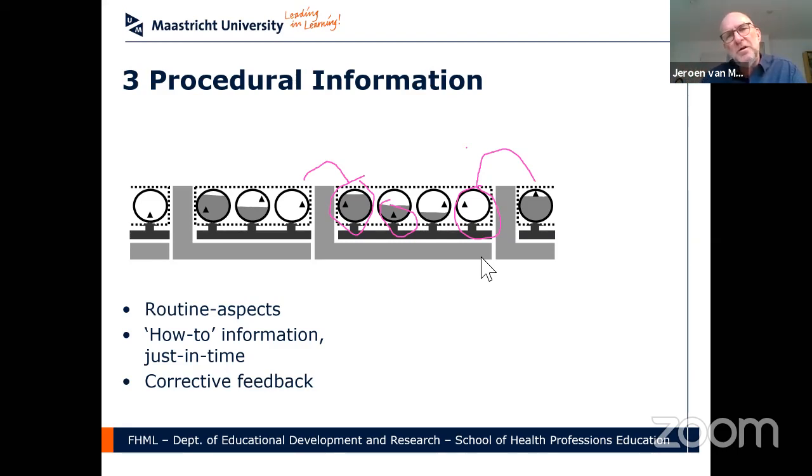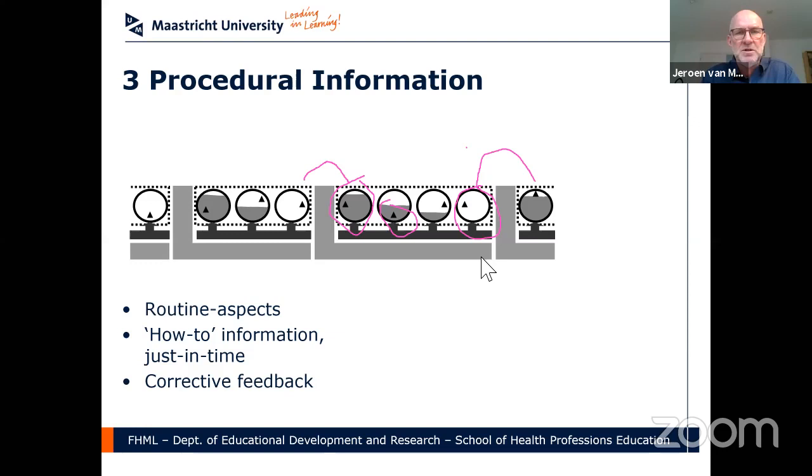It's often a teacher looking over the shoulder of the student and pointing out what to do and in which order things must be done. Or providing corrective feedback, saying, no, no, no, now you're making a mistake, you should do it like this. Corrective feedback is also best provided just in time, precisely at the moment that students need it.